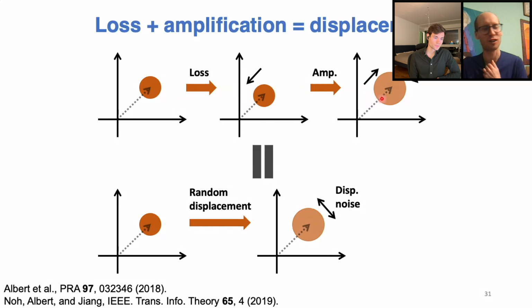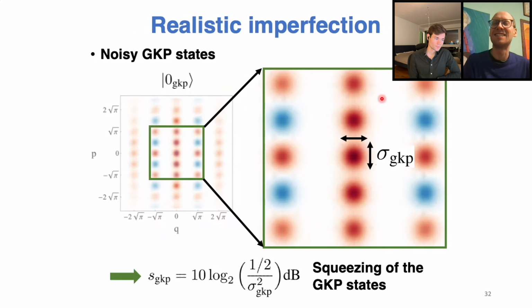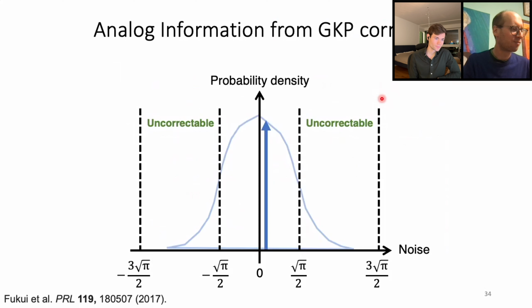The second motivation, of course, is that Gaussian noise is the easier one to deal with. So when I talked about this reliability, you can imagine that you have these peaks, and then there is some Gaussian noise that shifts these peaks. You can measure your shift only in this interval between minus square root of pi over 2 and plus square root of pi over 2.